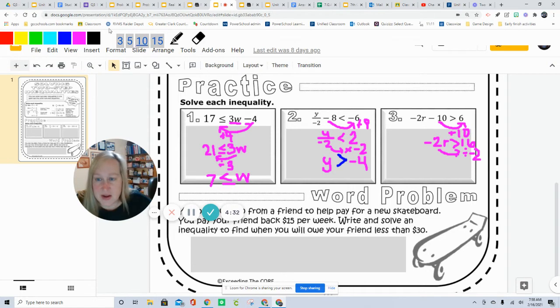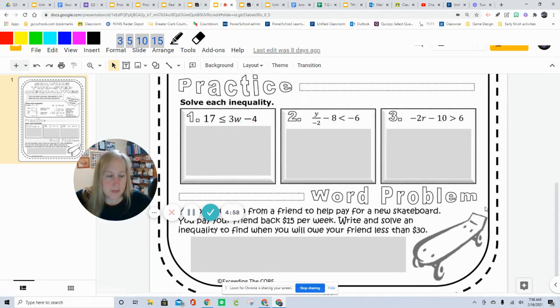Now notice it's dividing by negative 2, so I have to reverse the sign. You get r is less than 16 divided by negative 2, which is 8. I have a positive and a negative, so my answer is negative 8. These are just the same, except you have to flip the sign. All right, let's go to the next problem.